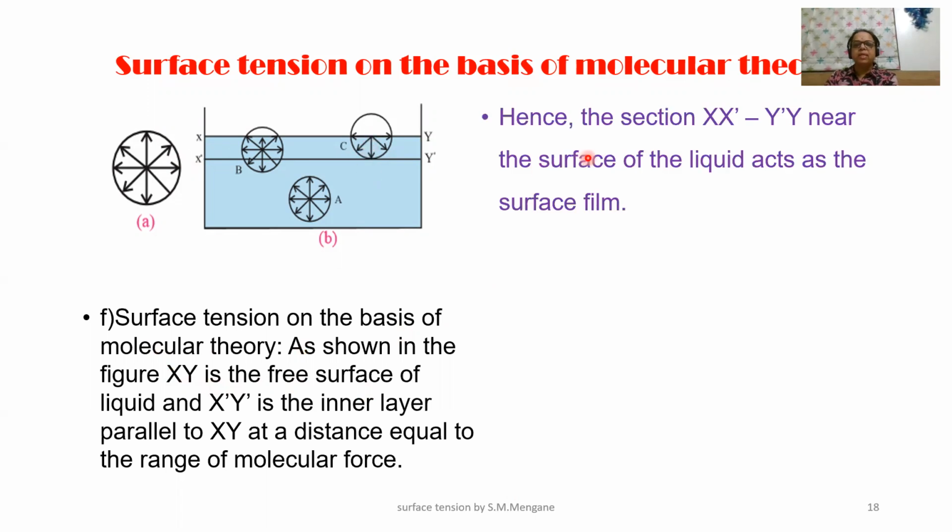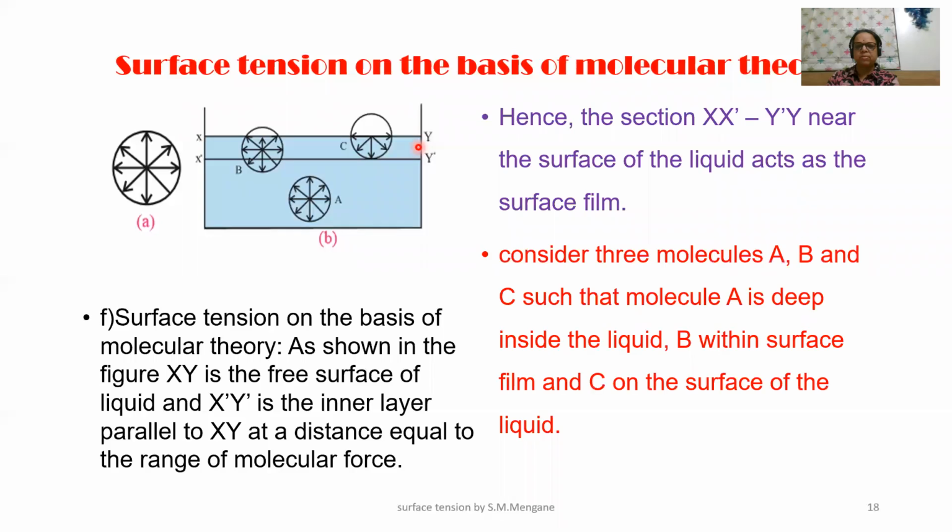Hence the section between X dash Y dash and the surface of the liquid acts as the surface film. Consider three molecules A, B, and C such that A is deep inside the liquid, B is within the surface film, and C is on the surface of the liquid.